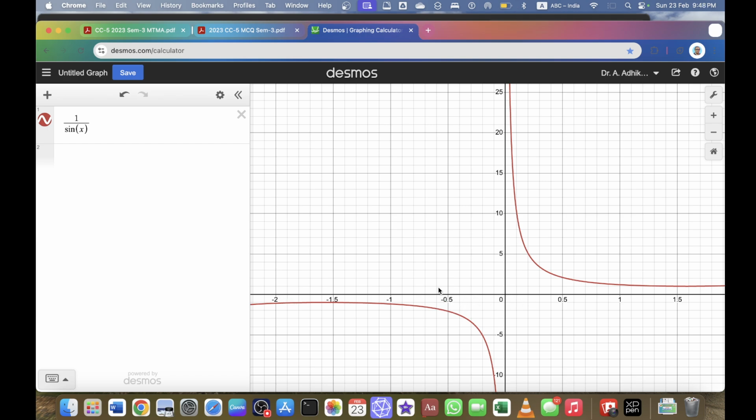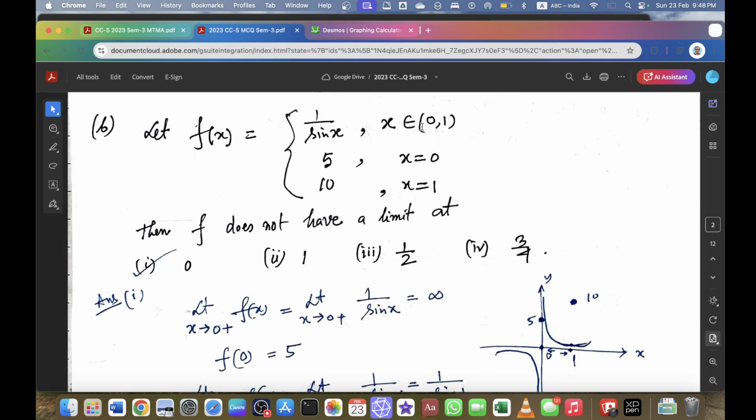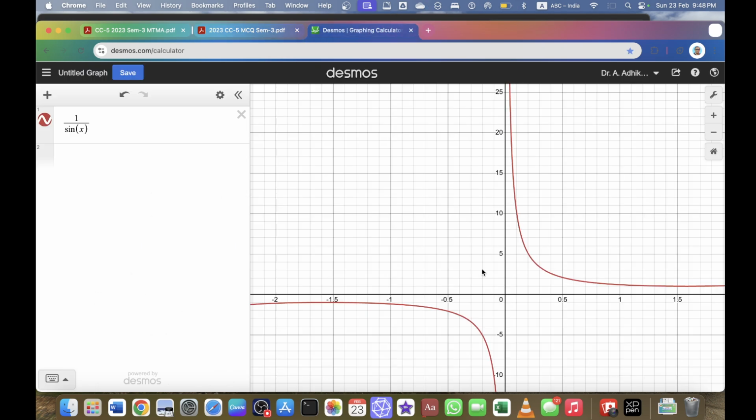Here f(x) is defined for the open interval as 1 by sin x, and for x equal to 0 it is equal to 5, and for x equal to 1 it is equal to 10. So when x equals 0, f(x) equals 5, and when x equals 1 it equals 10.